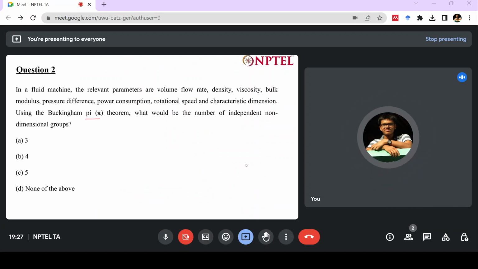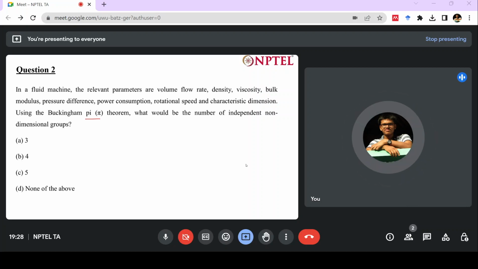Buckingham Pi theorem helps us do the same thing with more complex problems, and gives us an idea about what parameters we can club together to make a factor or a coefficient, and what will be linearly or inversely dependent on the other.